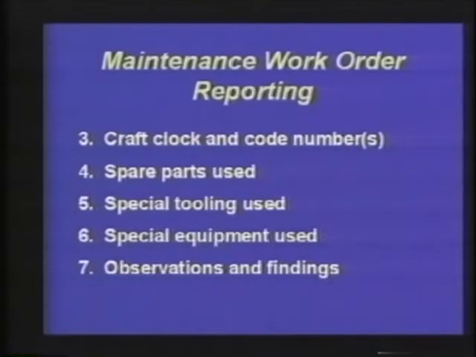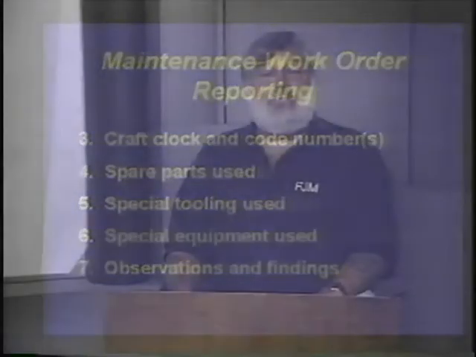There are other things like item 7, the observations and findings of craft personnel, and sometimes the planned maintenance work order, the PM order, may not have the right part number listed, or maybe a part number was left off.